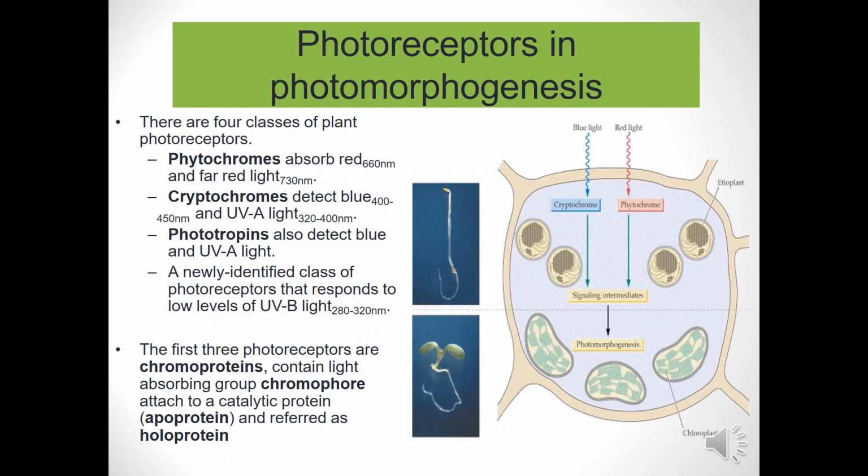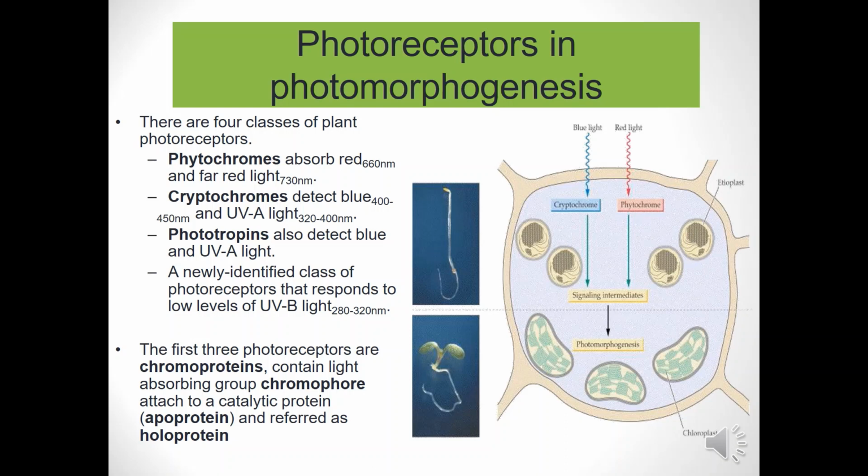For your information, the first three photoreceptors, phytochrome, cryptochrome, and phototropin, we call chromoproteins.